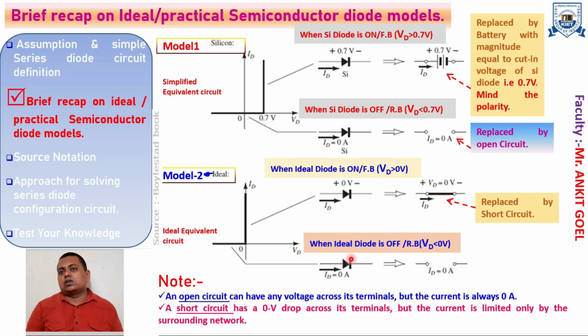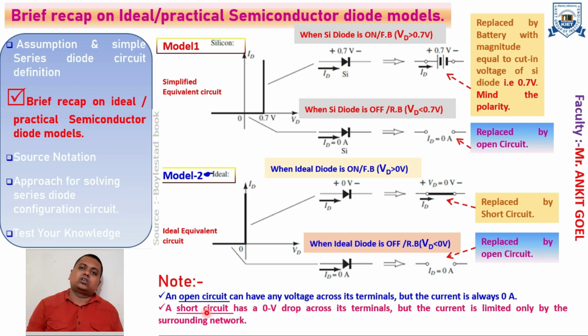And if the voltage across the diode is less than 0 volt, or negative, it is replaced by an open circuit. So open circuit means the current is always 0 but the voltage can exist, while the short circuit means there is always a 0 voltage drop across the terminals, but there can be a current depending upon the surrounding network conditions.